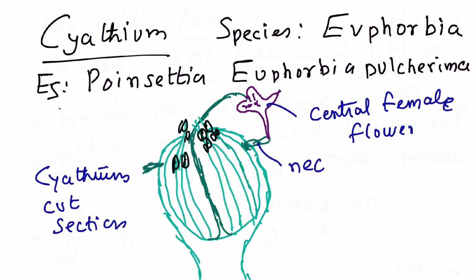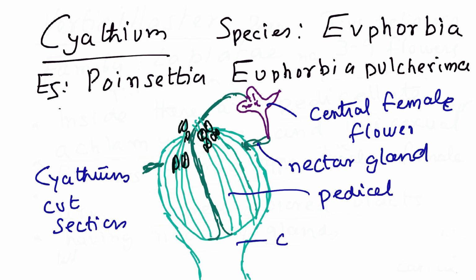So the central female flower, which is coming out of the whole inflorescence region, is standing out separate. It's characteristic of the whole thing. You have the cup-like involucre, and that's about the Cyathium inflorescence.